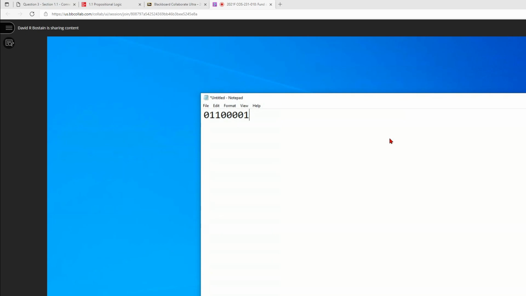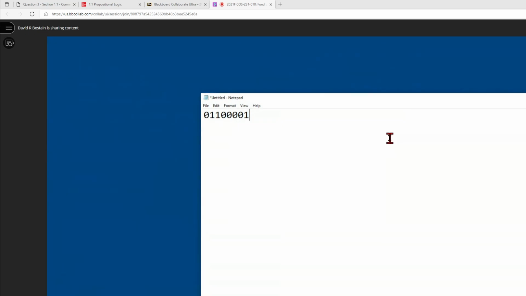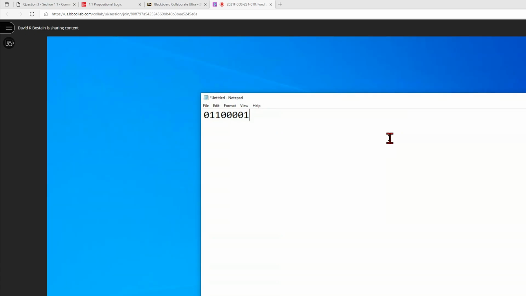One of the questions that comes up very often when we're working in computer architecture is, based on the value of that binary number, how many possible binary numbers are there that will fit in that same amount of space? Because that has very much to do with the storage of information.